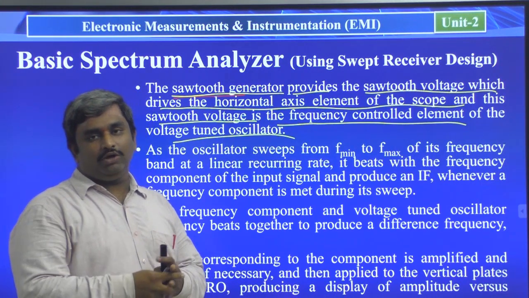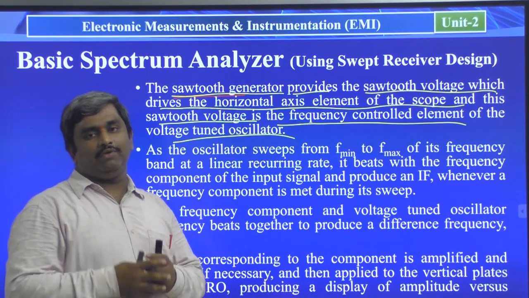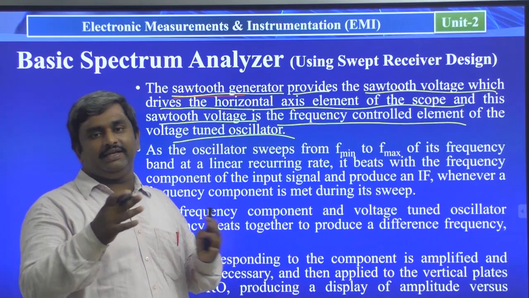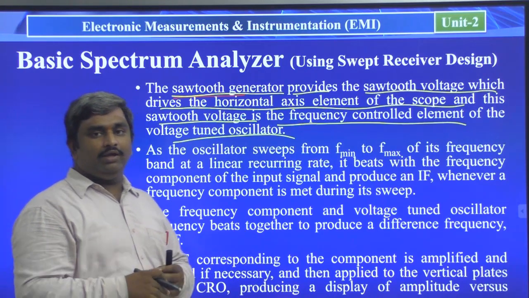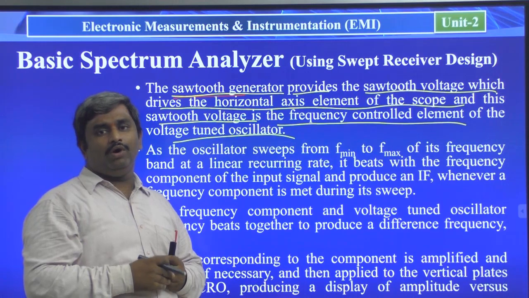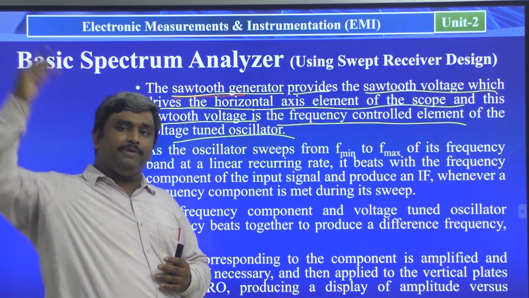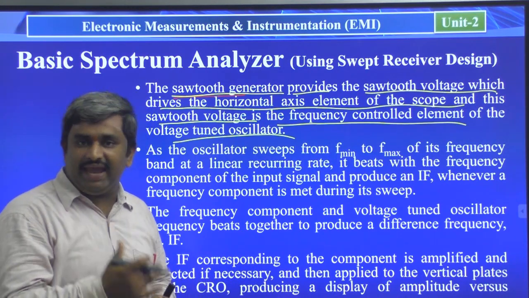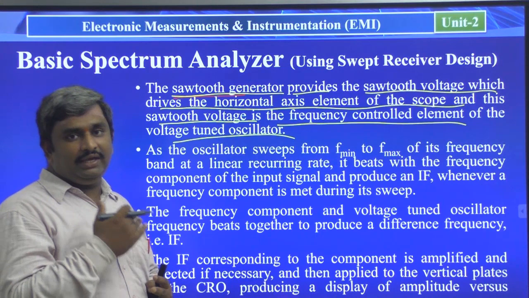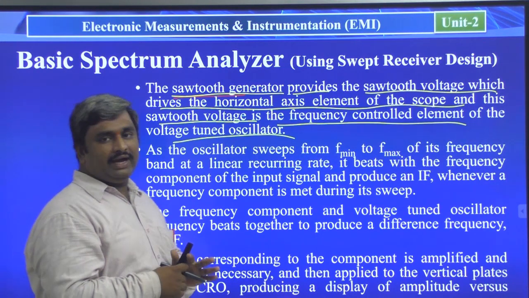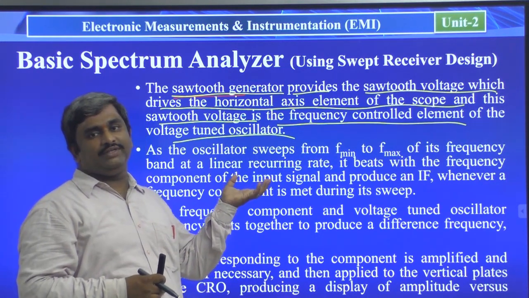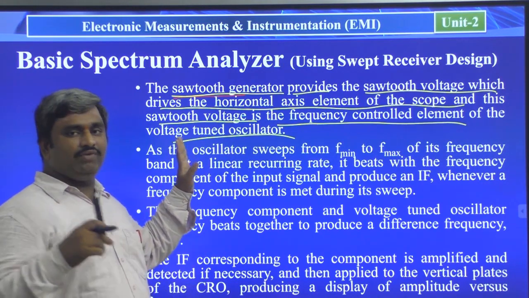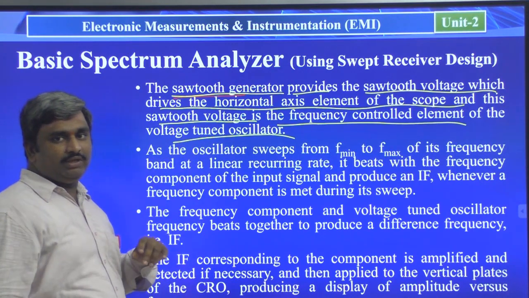It is used for displaying the frequency range on the horizontal deflection plates, whereas in a normal CRO the horizontal deflection plate is connected to the time base generator. Here the frequency components we have to see on the x-axis, so we connect the sawtooth generator for frequency control on the horizontal plates, and on the other side we give the magnitude information through the mixer stage.